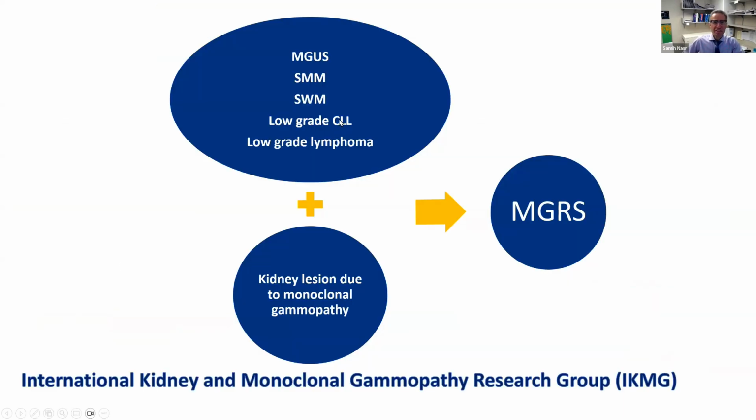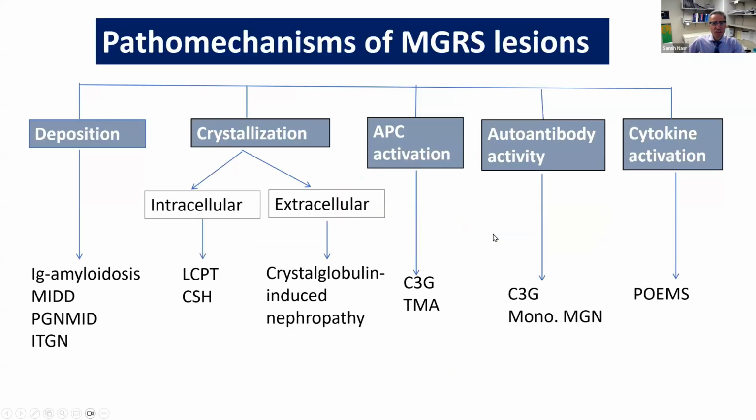So if you have one of these lesions, MGUS, smoldering myeloma, smoldering Waldenström, low-grade CLL, low-grade lymphoma, plus a kidney lesion due to monoclonal gammopathy, this is now MGRS. So kidney lesions associated with MGRS are driven by the physicochemical characteristics and molecular structure of the monoclonal protein rather than by the characteristics of the clones that produce them.